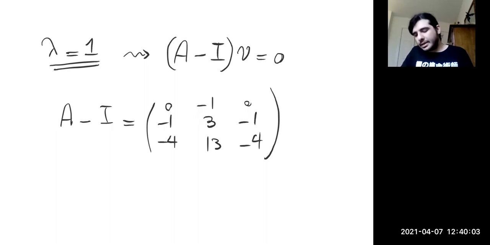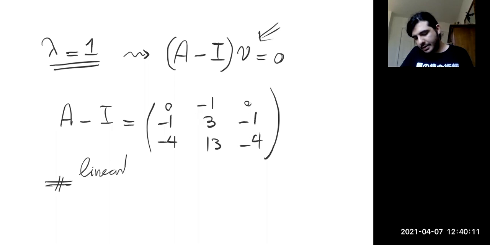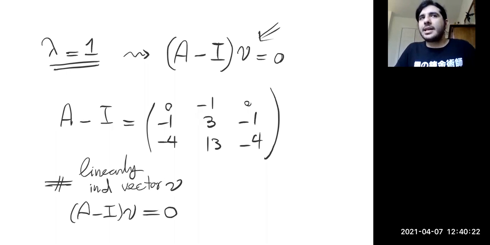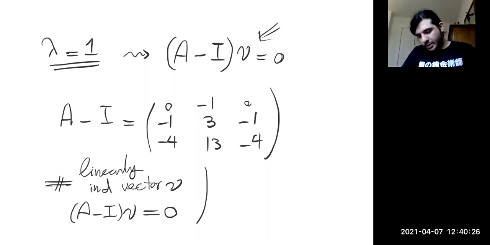So how many linearly independent vectors V are there satisfying this equation? So you can answer that. How can we answer this question? It is equal to some other quantity, we know it.